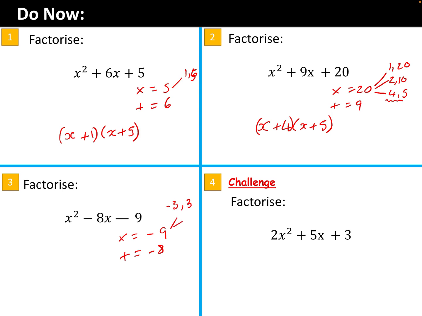We could have 1 and negative 9. We could have negative 1 and 9. Okay, I'm getting my numbers confused today. Now if I stop here, I notice that if I have 1 and I add negative 9, it's going to give me negative 8. So the pair of numbers I want are these two. So I'm going to get x plus 1, x minus 9.